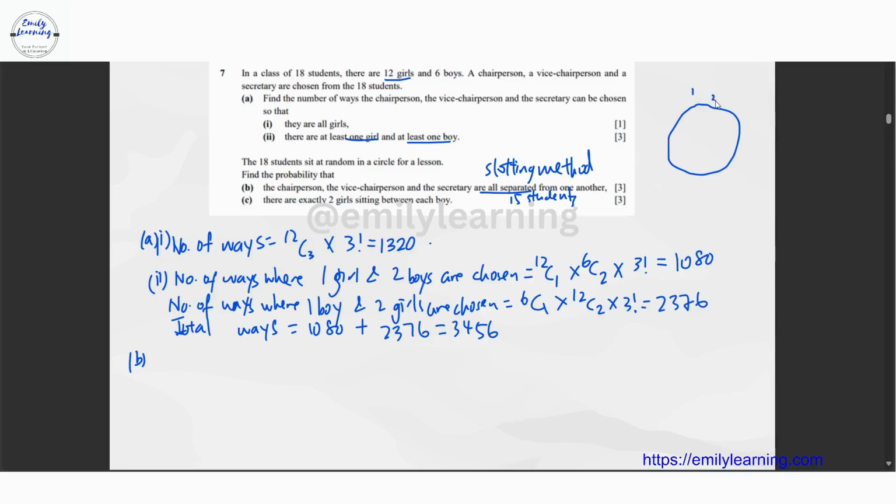There are 15 of them: 1, 2, 3, 4, 5, 6, 7, 8, 9, 10, 11, 12, 13, 14, 15. Then the vice chairperson, the chairperson, and the secretary will be slotted in between any of these positions. Because once you slot them here, they will be separated by at least one student, right?